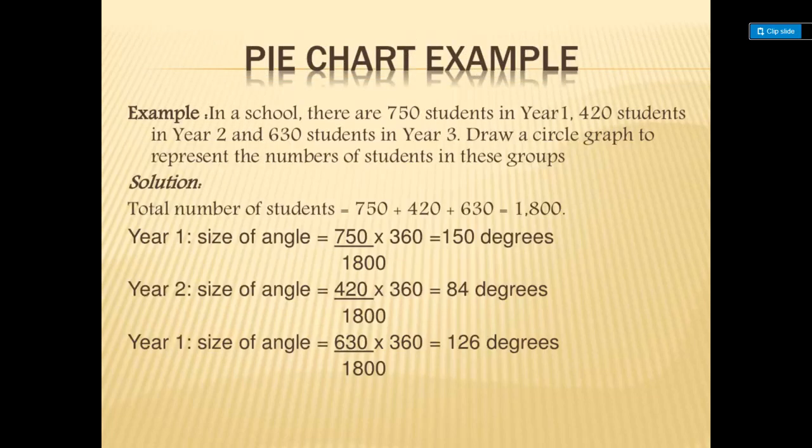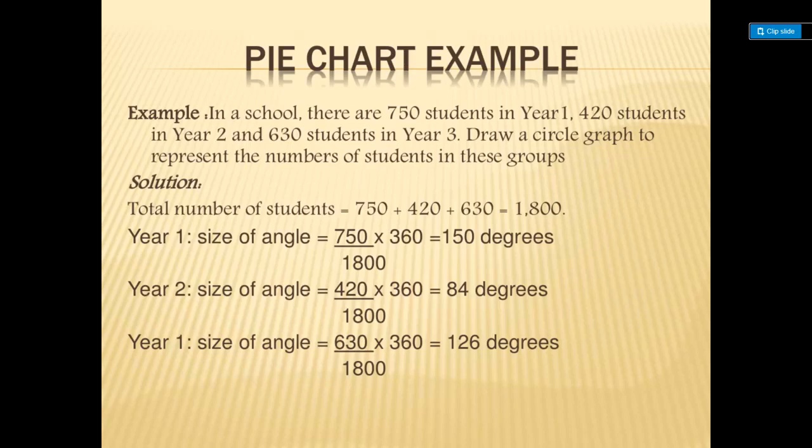This is an example of a pie chart. In a school, there are 750 students in year 1, 420 students in year 2 and 630 students in year 3. Draw a circle graph, or you can say a pie chart, to represent the number of students in each group. Firstly, we have to find out the total number of students.